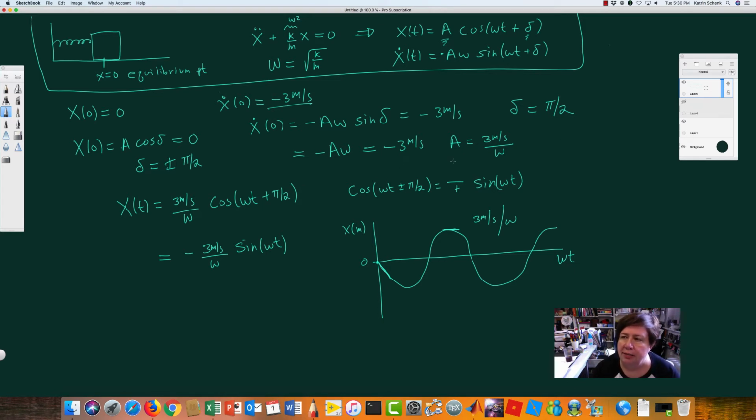Okay, let's do one more. I'm not going to fully do this next example because it's just illustrative. In all of the ones that we've done so far, the 3 that we've done, we've had either x of 0 be 0 or x dot be 0 at t equals 0. And that is not necessarily the only thing you could have, obviously. You could have both of them be non-zero. So let's just look at what that looks like.